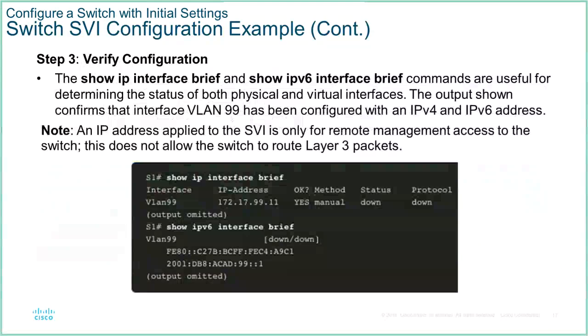So the show ip interface brief and show ipv6 interface brief commands are there in the switch or the router to confirm our IP address for the interface and give us a summary of its status, whether it's up or down.